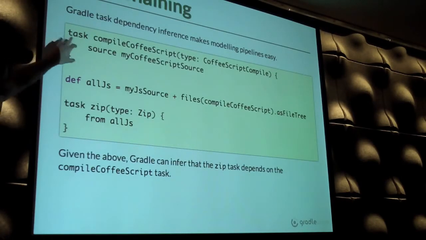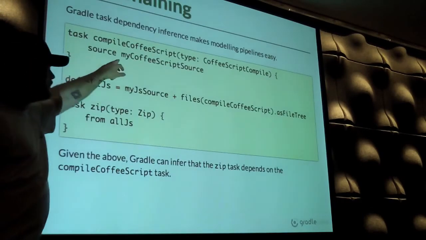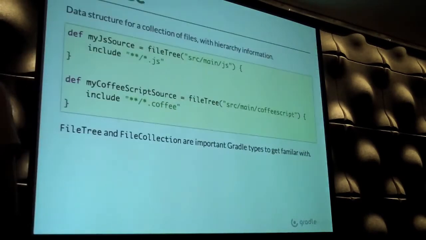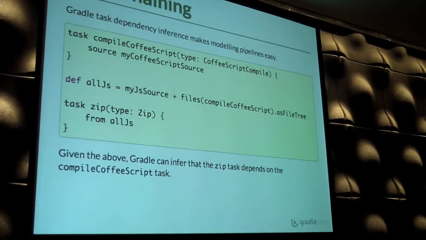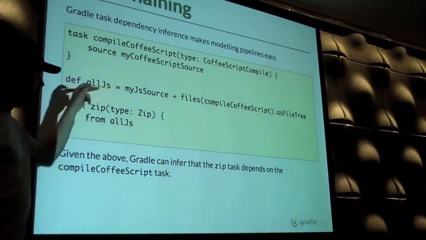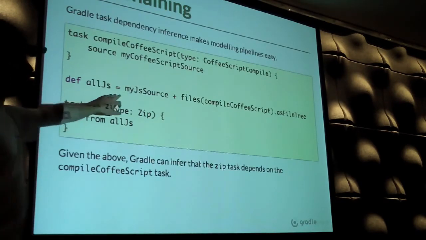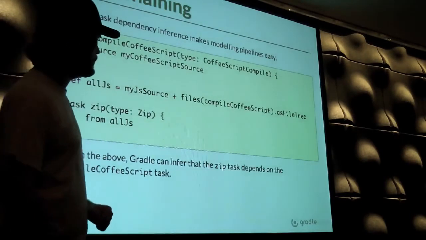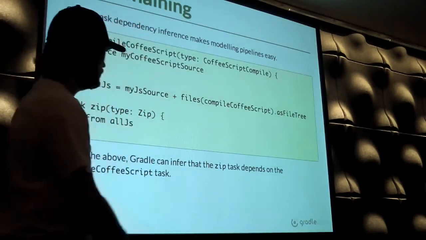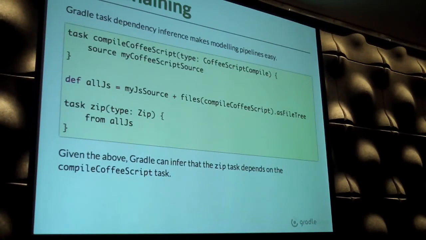So we have a Coffeescript compile task here, which says that it compiles the Coffeescript source, which is defined as this. We could then create another file tree, which is the combination of our raw JavaScript source, because we have some raw JavaScript as well as Coffeescript, and the compiled Coffeescript is what that is saying.